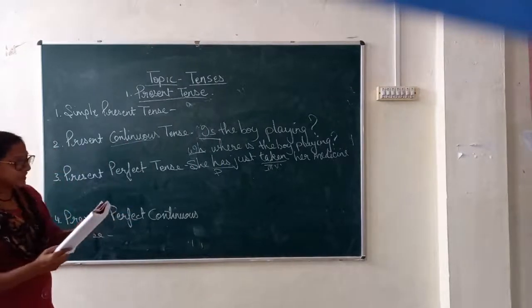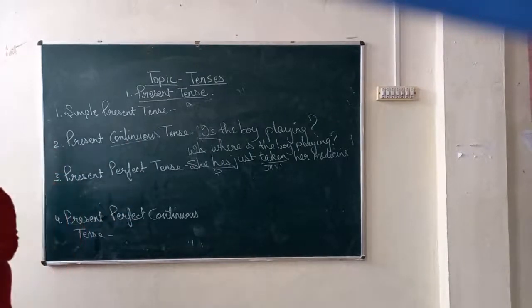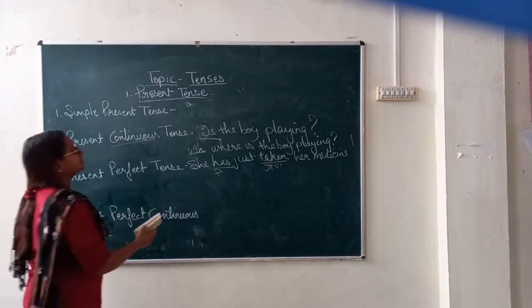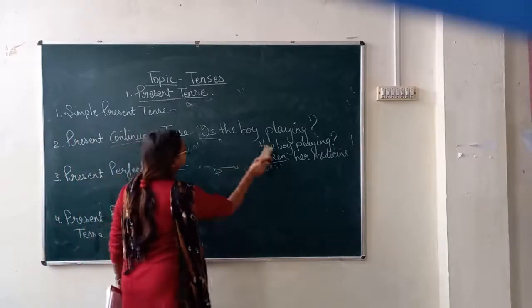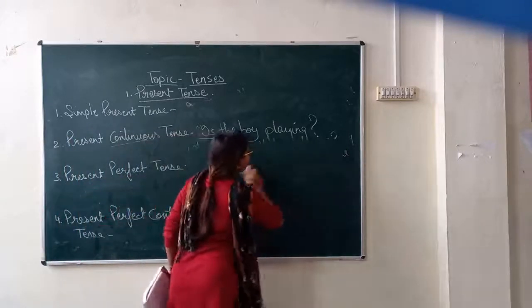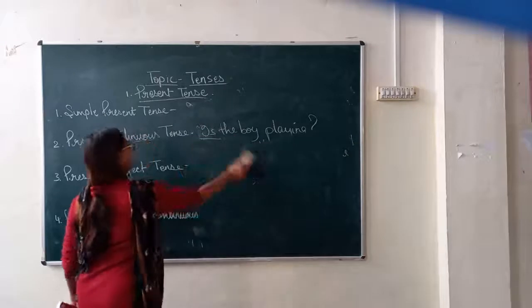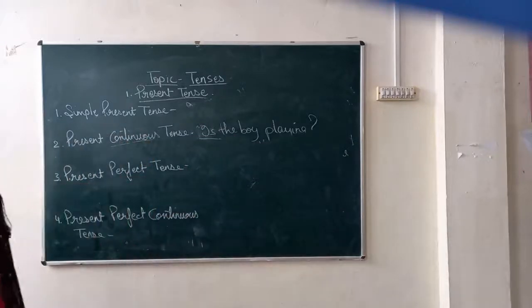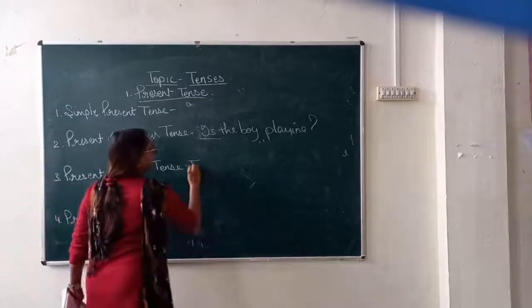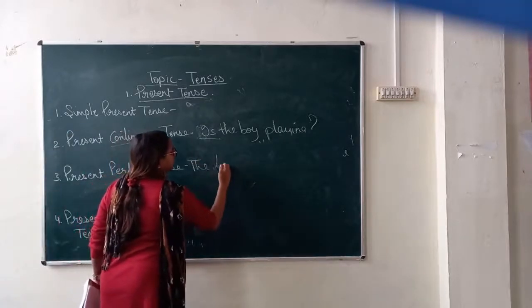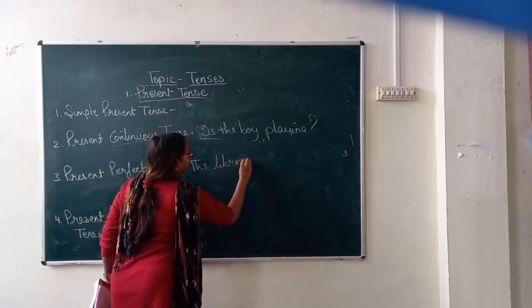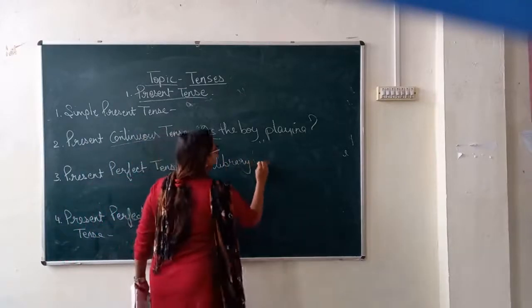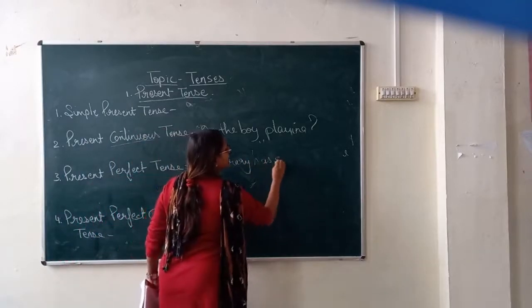Second part we will see: to state a past action whose time is not given or not definite. Means the action has taken place but you don't know the timing of when it happened. For example, the library has shut down.